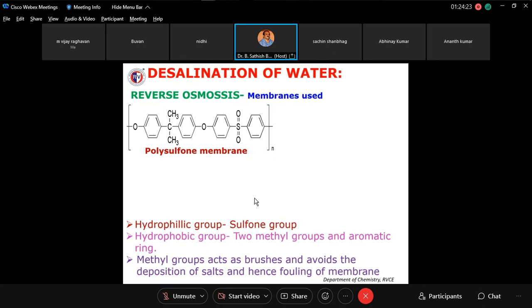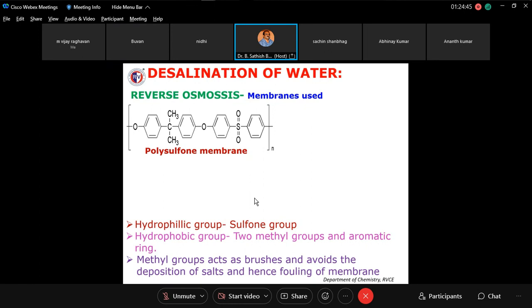Sir, about this brushing effect you told about: even though the brushing effect is there, let's say that the water is very hard, a lot of salts, the TDS is very high, it still corrodes the membrane. To fix it, do you have to replace the entire membrane, or is there a process where you can clean it and reuse the membrane?